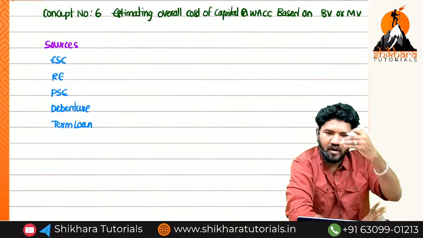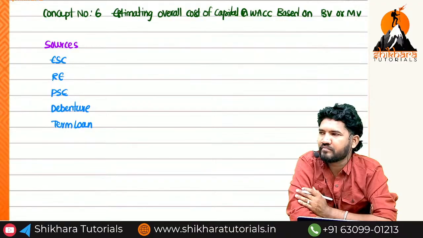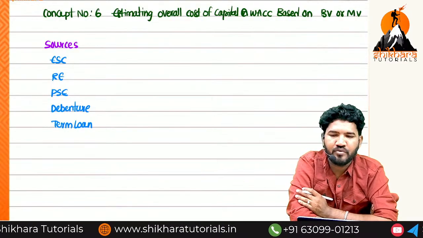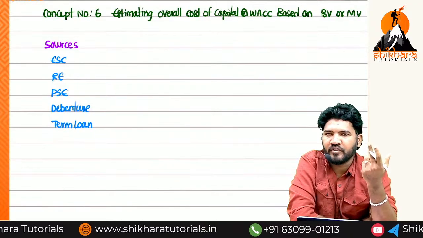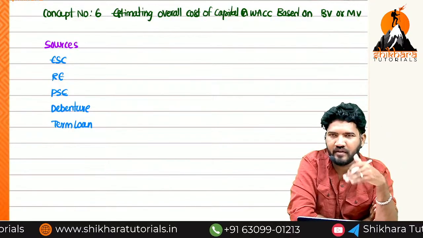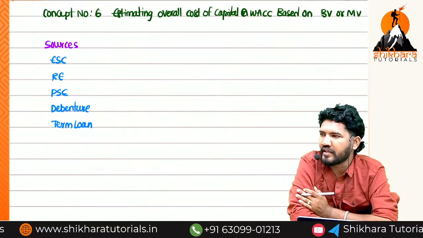Sir, this is the order as per the balance sheet order. Equity share capital, retained earnings, preference share capital, debenture, term loan. Sometimes in the question they will shuffle the order. If you want, go with the question paper order. If you don't want that, follow the balance sheet order. Clear na?